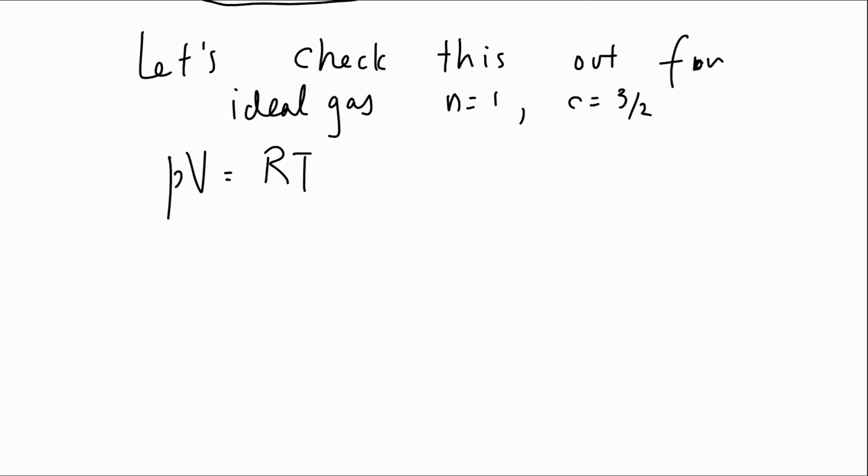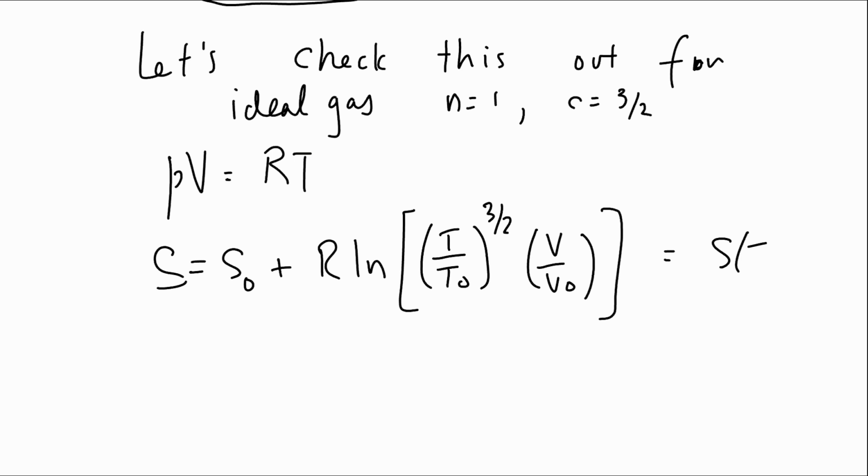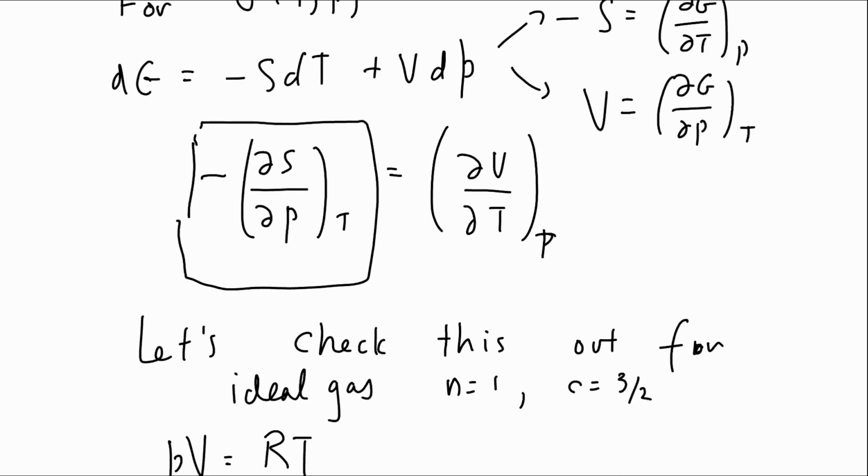But what about the left-hand side? I know that S equals S naught plus R log of (T over T naught) to the 3/2 times (V over V naught). But this is S as a function of T and V, and I've got to be careful and do this the right way. I need to find S as a function of T and P, and take the derivative with respect to P holding T constant.